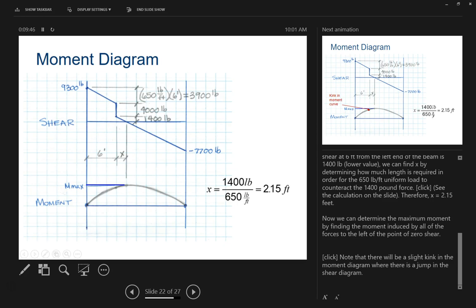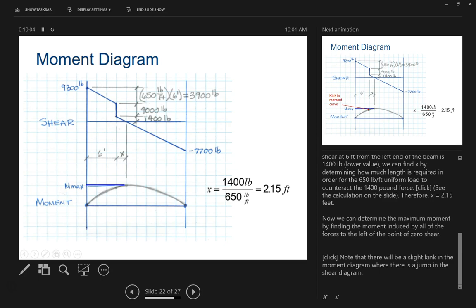But this is that moment diagram where we see that it's at this point, not exactly in the middle, not the middle of 20 feet being 10 feet right dead center, but to the left of that, 8.15 feet, that's where we have our maximum moment, right?